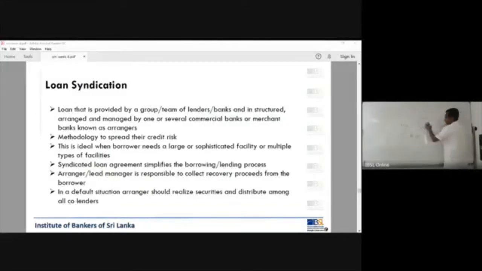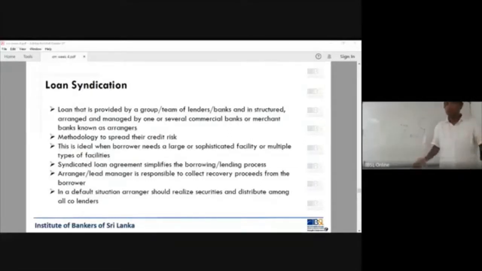If the customer goes bad, lead bank will be taking over the security, selling it, and settling them. Based on the exposure only, they will be settled. Pro rata basis, it will be paid.